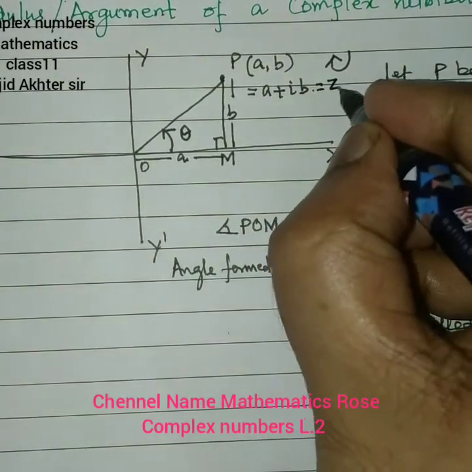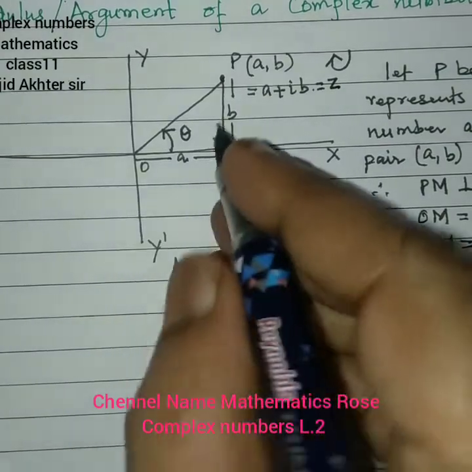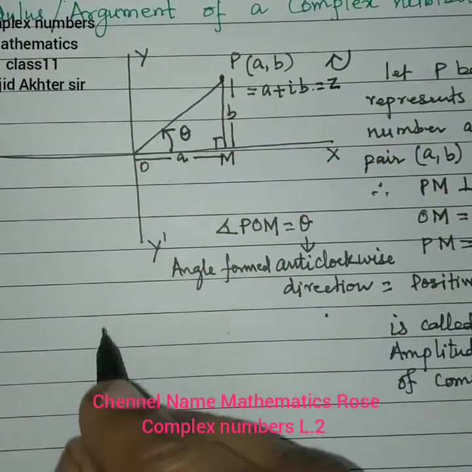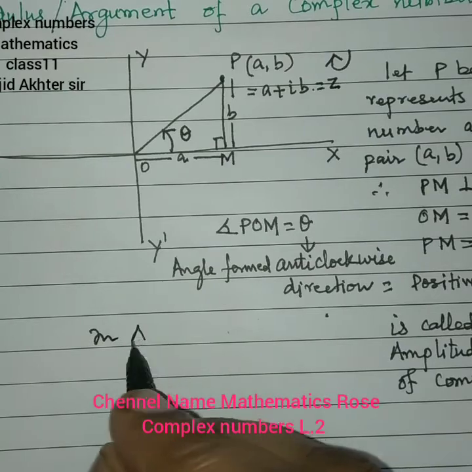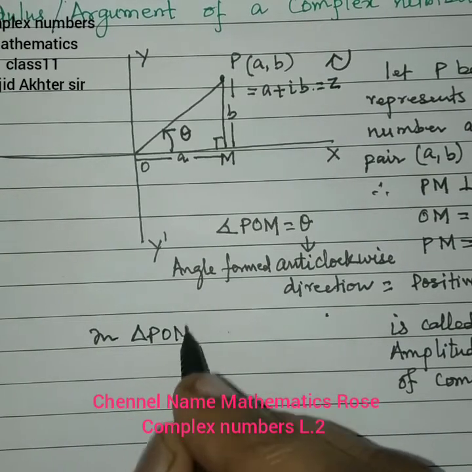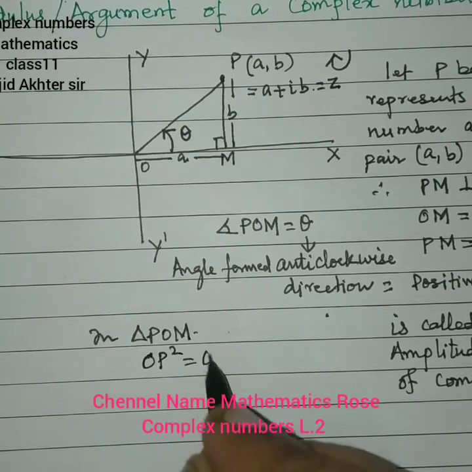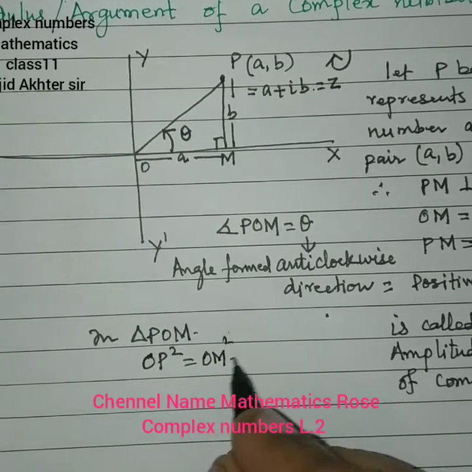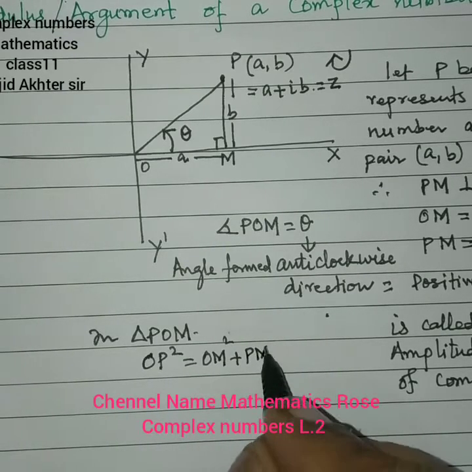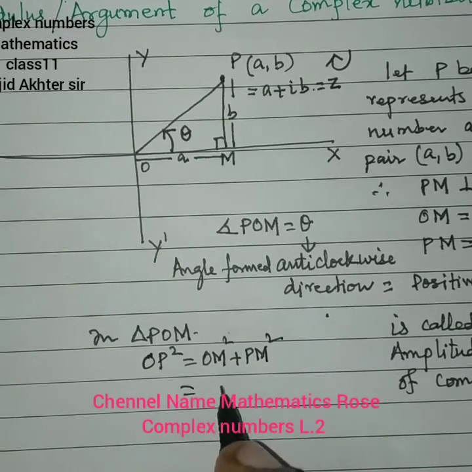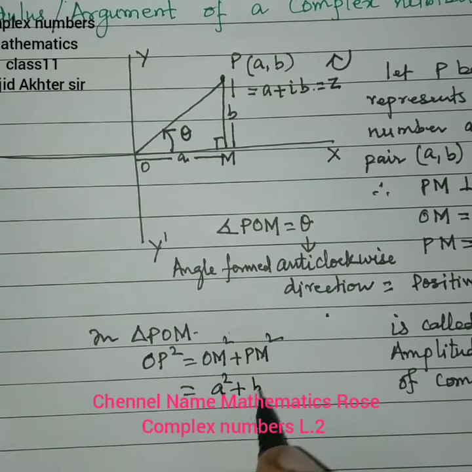This complex number is Z. So now it is a right angle triangle. In triangle POM, see, OP square is equal to OM square plus PM square, and OM is A, so A square, and it is B square.